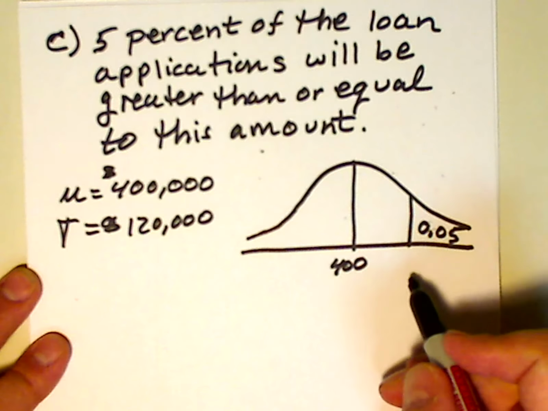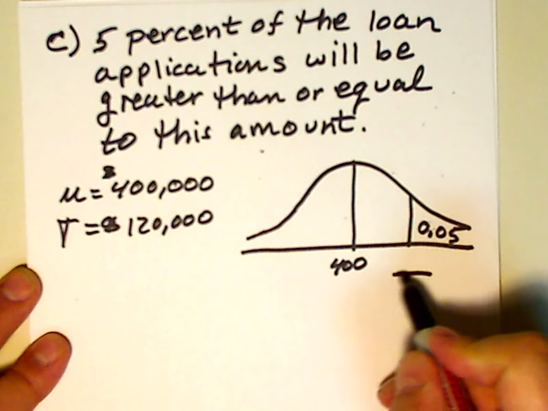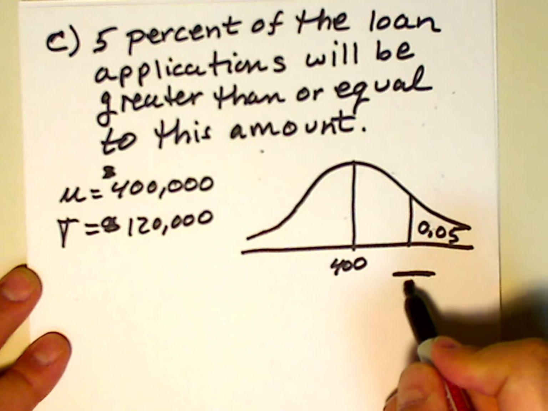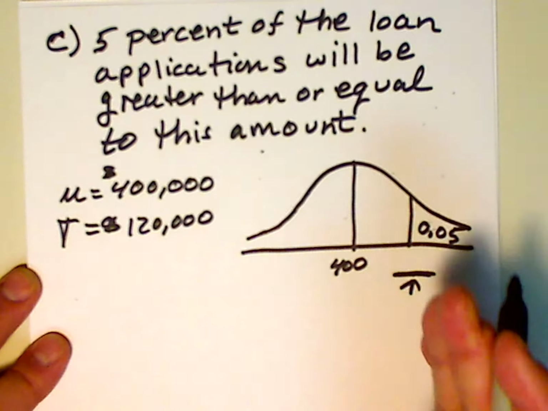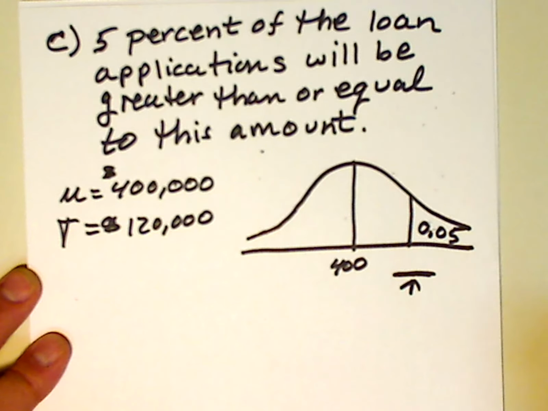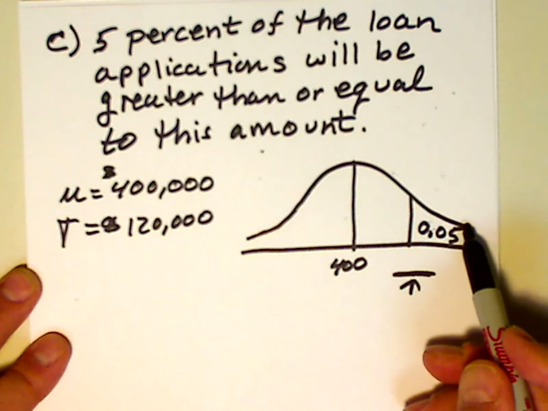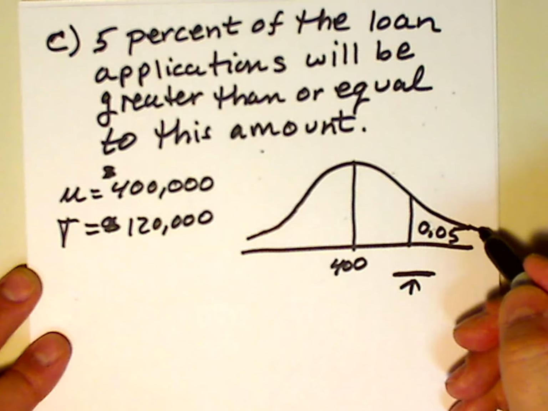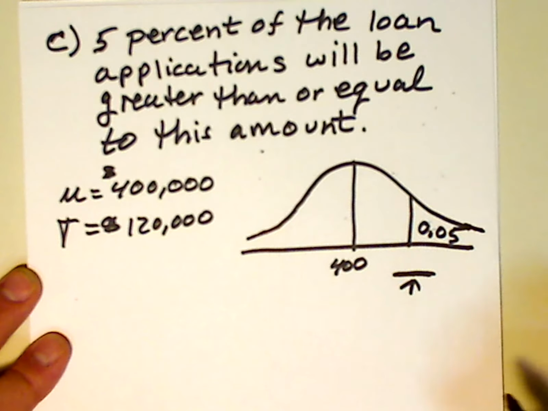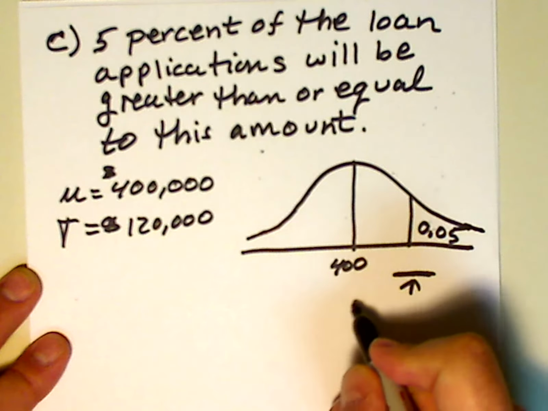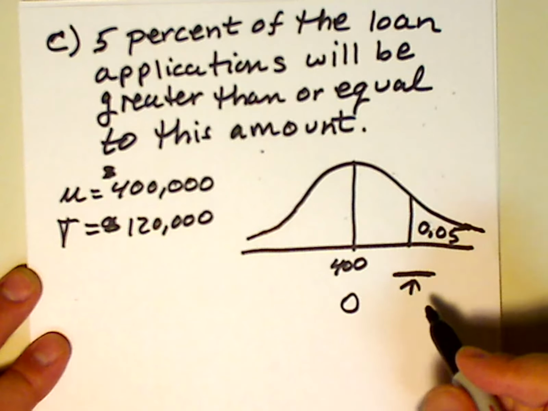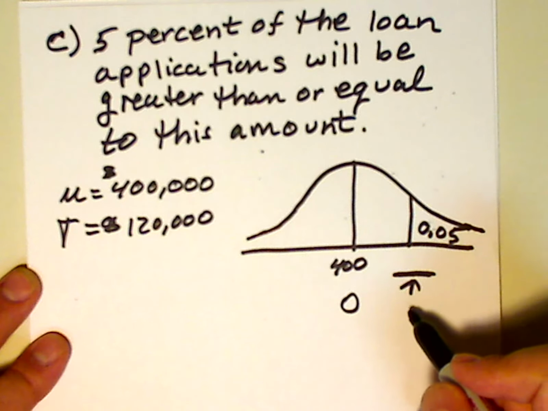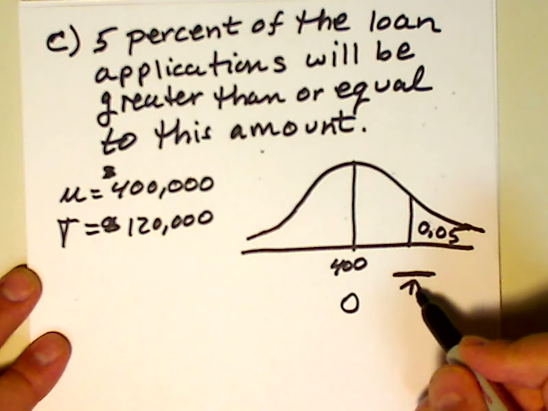If that's the case, what is this value right here that represents the cutoff point where every loan application over that is in this 5% of the tail region? So the mean has a z-value of 0, and we're going to find out now what the z-value is for this point.